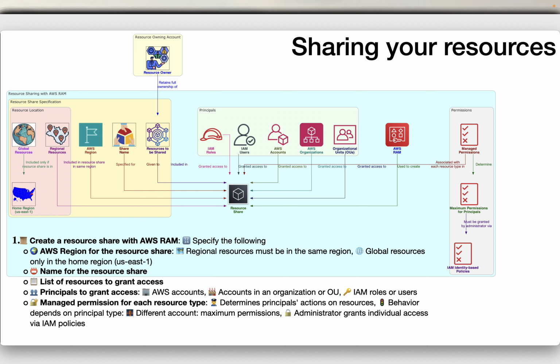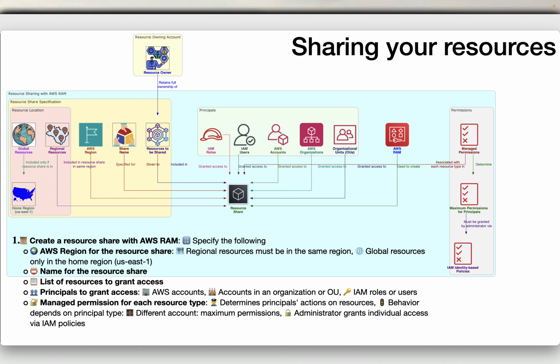The managed permission determines what the principals in the consuming accounts or the target accounts can do with the resources in the resource share. So the owner is basically deciding the permissions, and the consumer is adhering to the permissions you have given in the owner account.